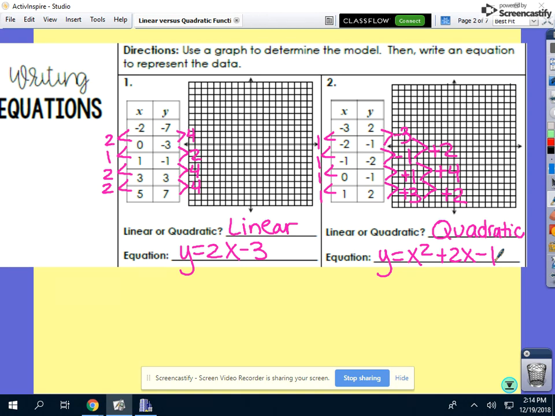There are two examples for writing equations, given a table. You can go ahead and graph these as well.